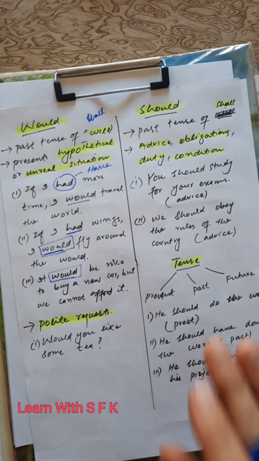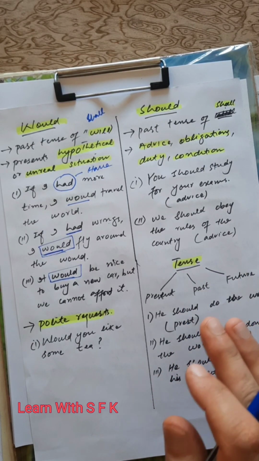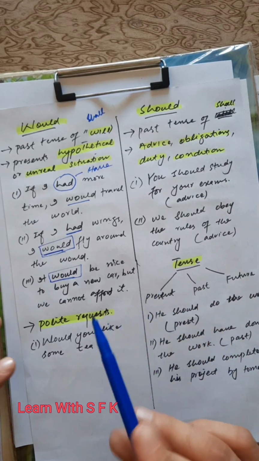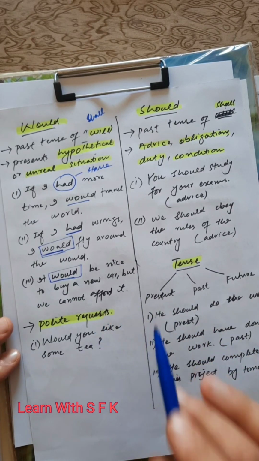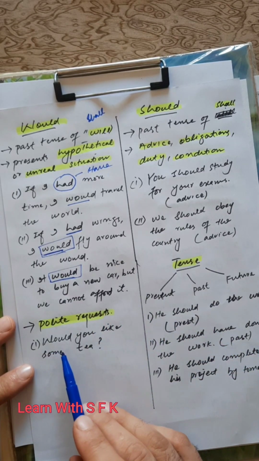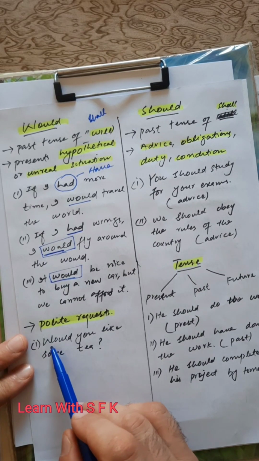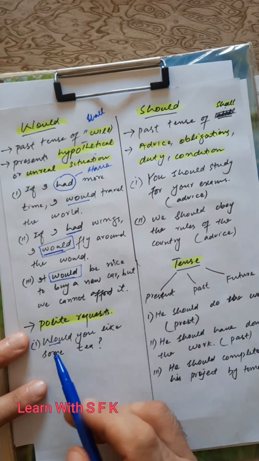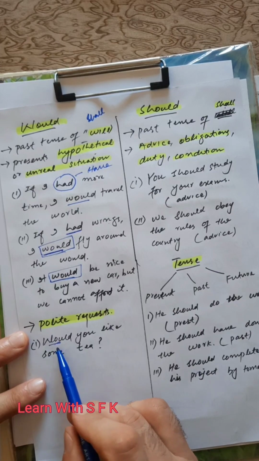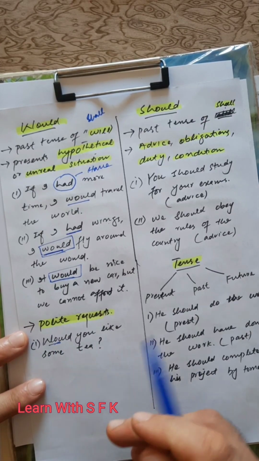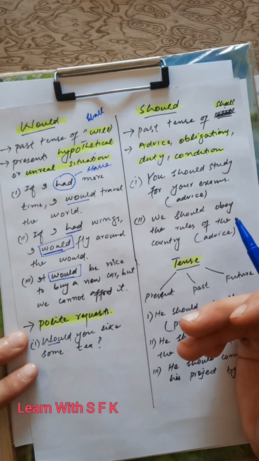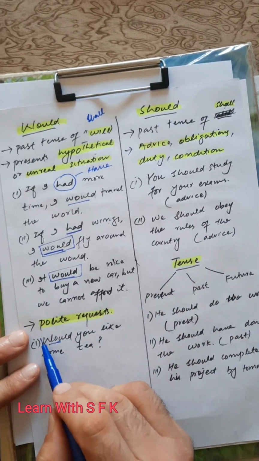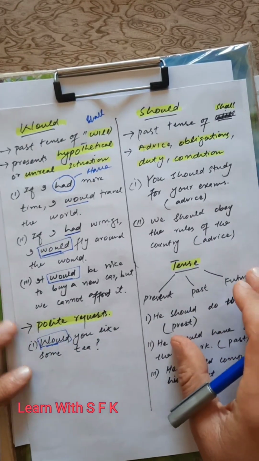He must not be rude in asking for something. So he or she will ask you very politely, and will use would. He will use, would you like some tea? क्या आप चाय लेना पसंद करेंगे? So he will use would for asking politely.